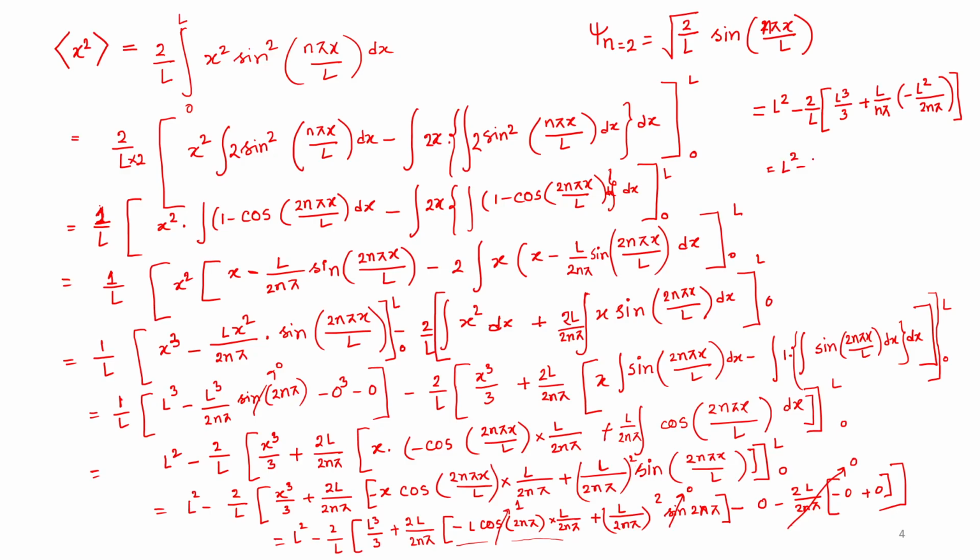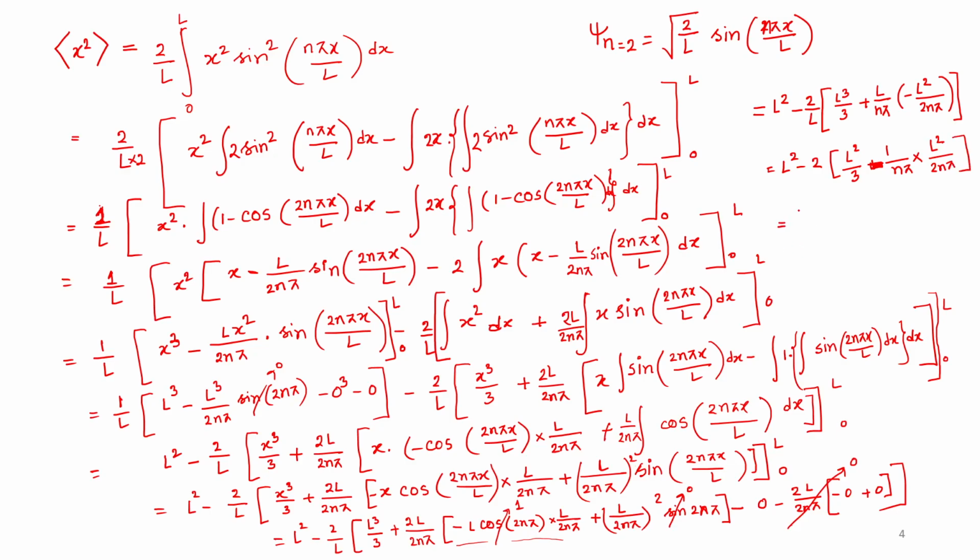L square, and now I'll just cut the L's, so it will become L square by 3. I will take it as minus 1 by n pi into L square by 2n pi.